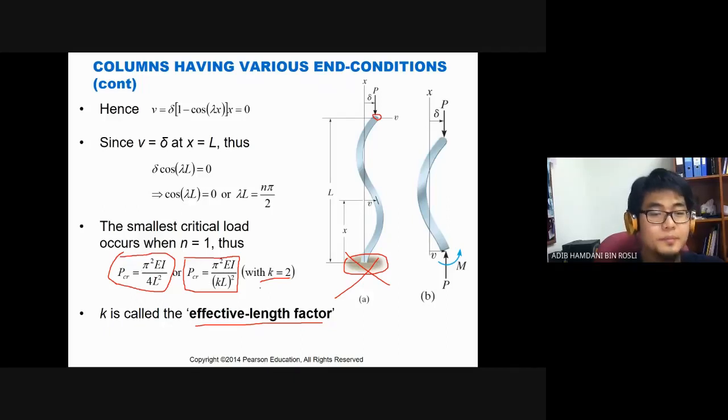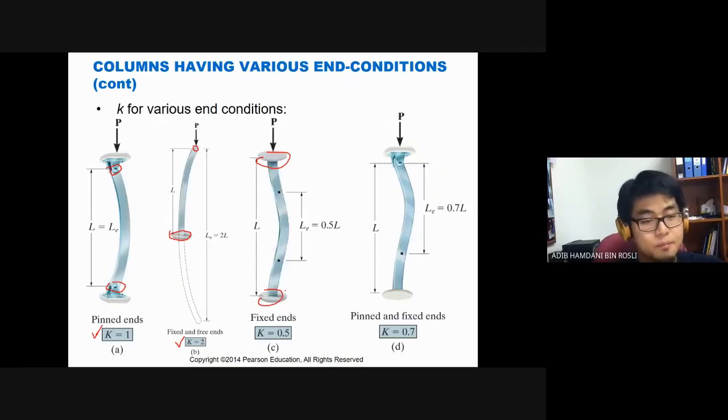Here, if it is fixed and fixed, your K is half. And if it is fixed and pin, or pin and fixed, the K is 0.7.